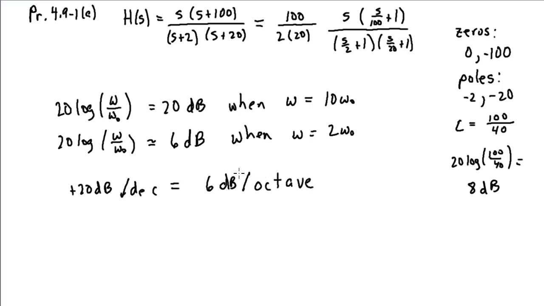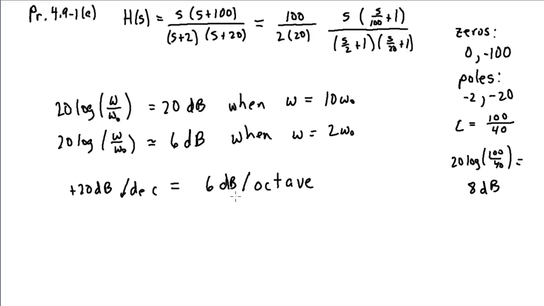So for example, if we had a zero at omega equal to 10, then an octave above 10, which would be 20, we'd be at 6 dB. An octave above 20, it would actually be 40, we'd be at 12 dB, and then we could continue on in that fashion. These are equivalent.